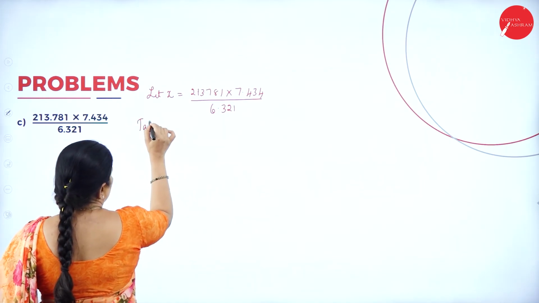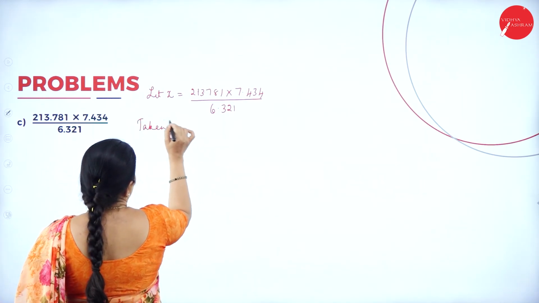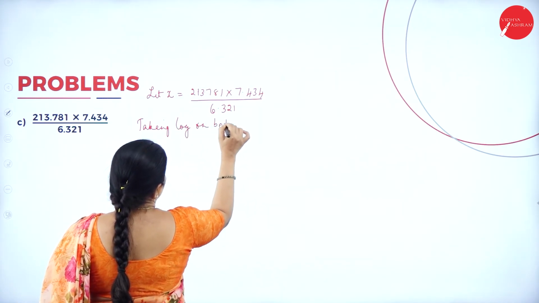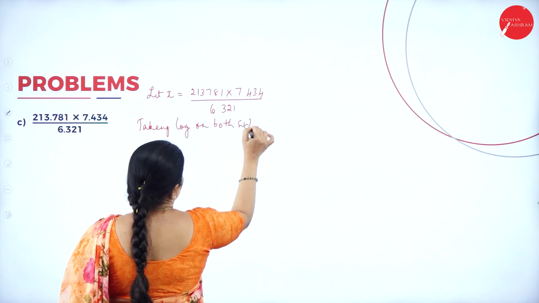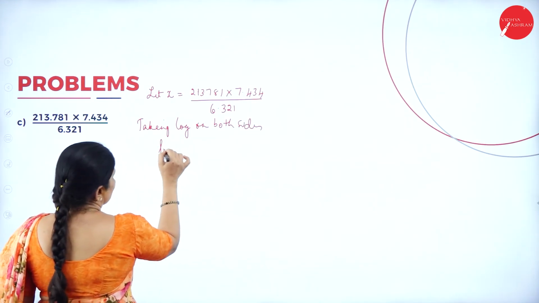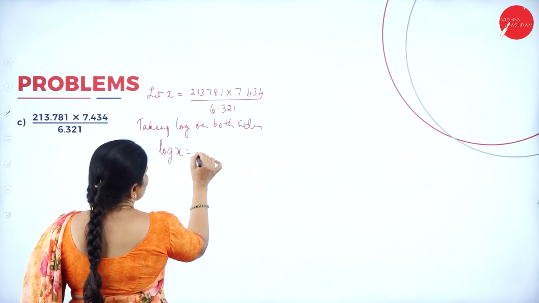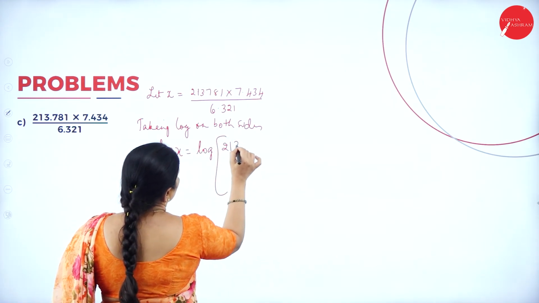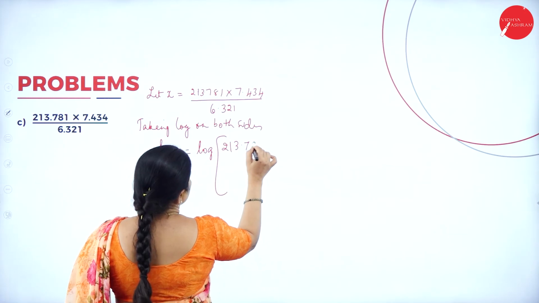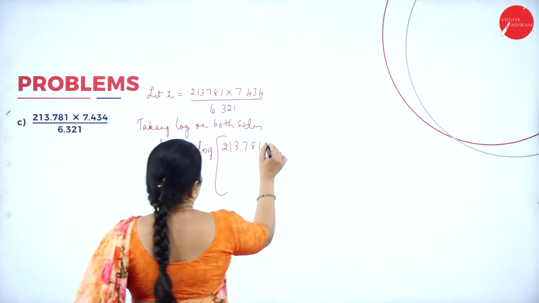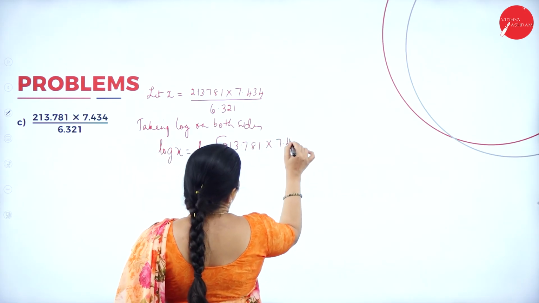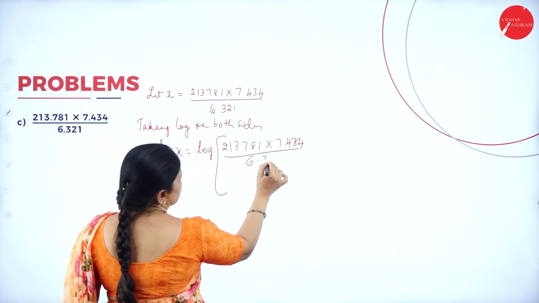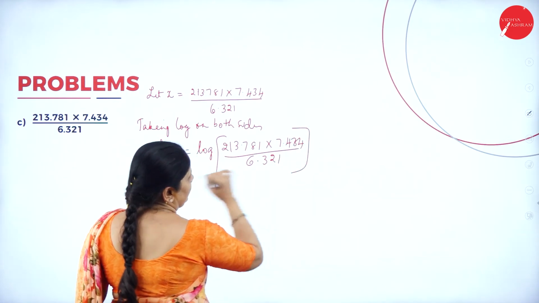Now taking log on both sides, I will get log x equals log of 213.781 into 7.434 whole over 6.321.